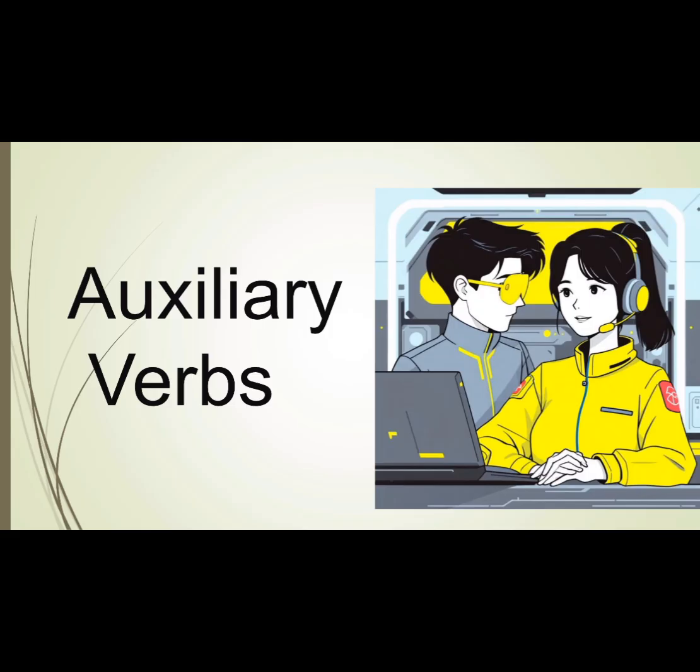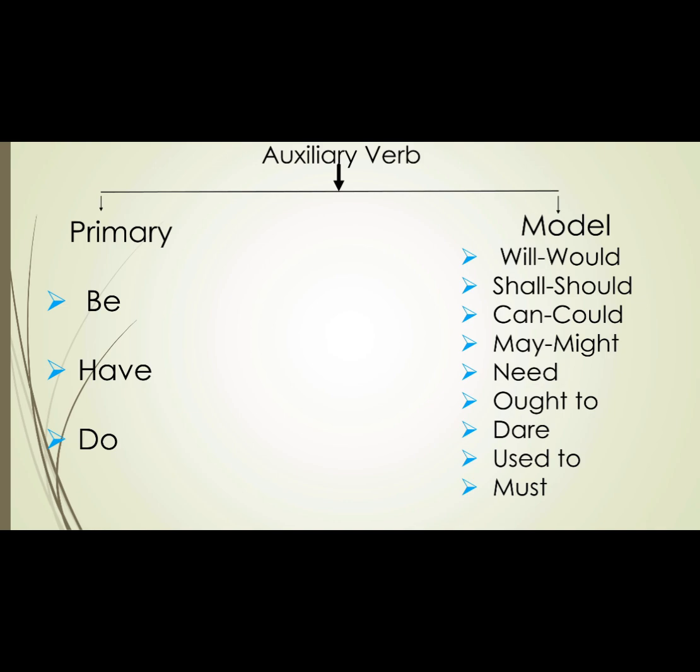Now, let us know what an auxiliary verb is. An auxiliary verb is also called a helping verb because these verbs help the main verb to show the tenses, moods, or voices. These auxiliary verbs are divided into two types, primary verb and modal verb. Now, let us know what a primary verb is.